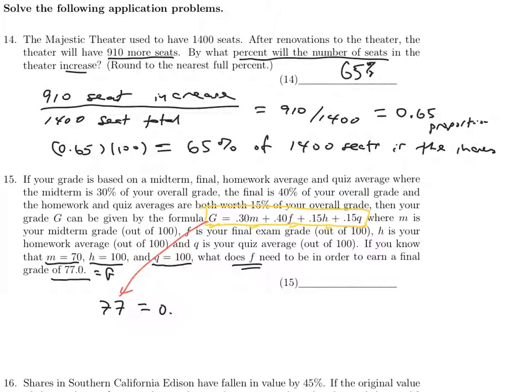I have 0.30 times M. So instead of M, I have 70. 0.40 times F, but F is the thing I don't know, so I have to leave that as F. 0.15 times H, and I'm told that H is 100. So instead of H, I'm using 100.